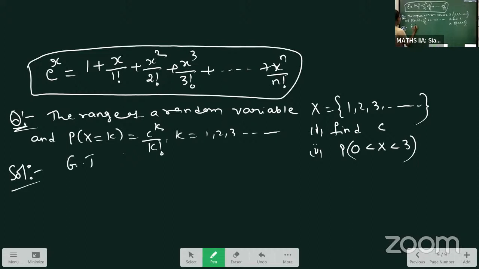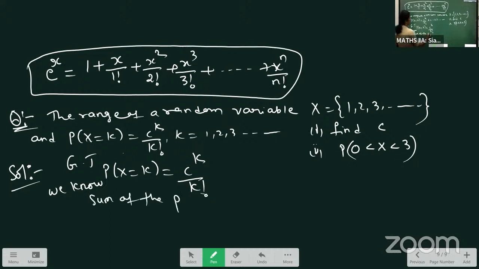Given that P of x is equal to k is equal to c power k by k factorial. Here we learned in the previous class, when you have to find any kind of constant like c or k, we have to use one fundamental formula. What is it? We know the sum of the probabilities is equal to 1.